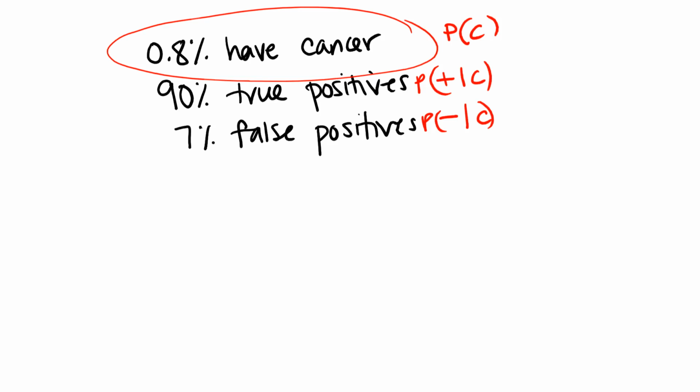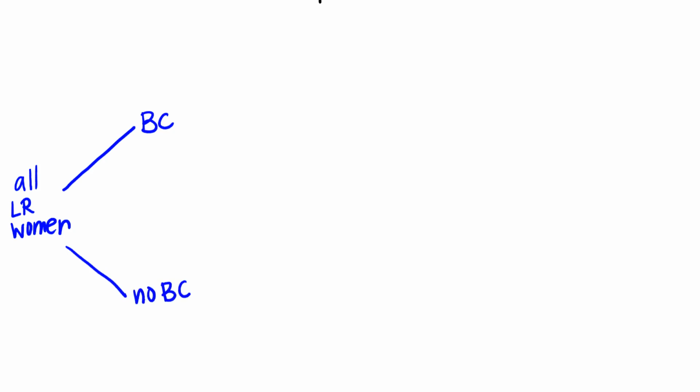So if we were going to make a tree diagram with this, what we would do is we'd say, okay, we have all of these low risk women, right? They fall into one of two categories. This is going to be that they have breast cancer or that they don't have breast cancer, right? They're cancer free. So we know that this probability is 0.8%. Oh goodness, we should express that as a decimal.